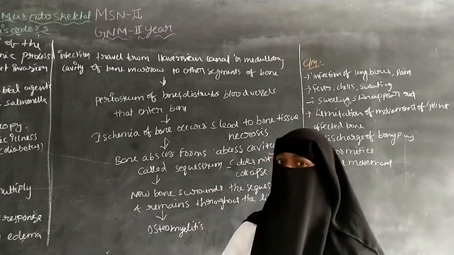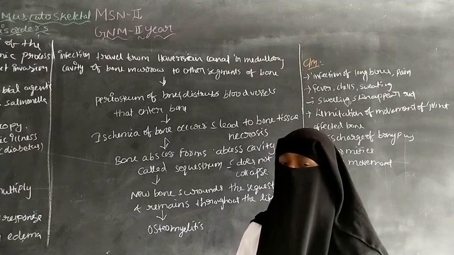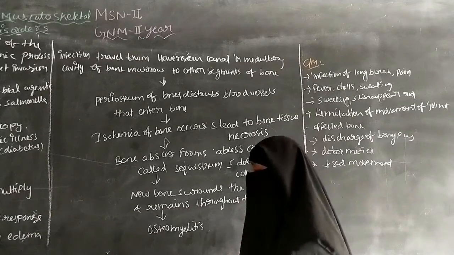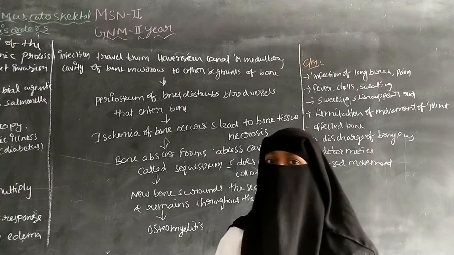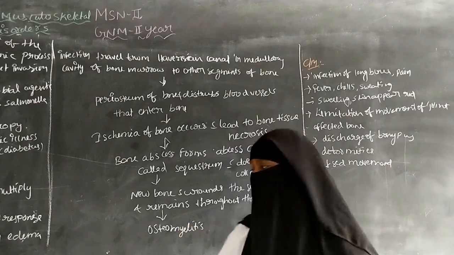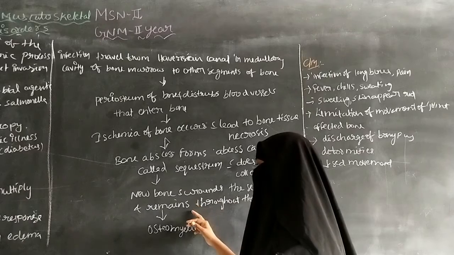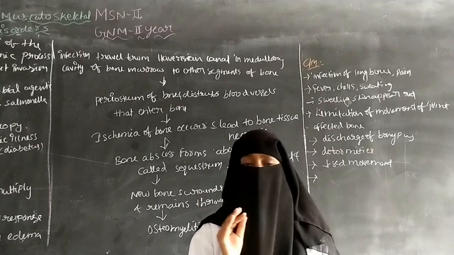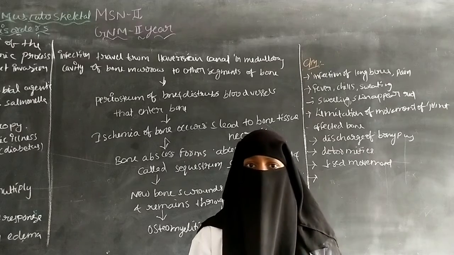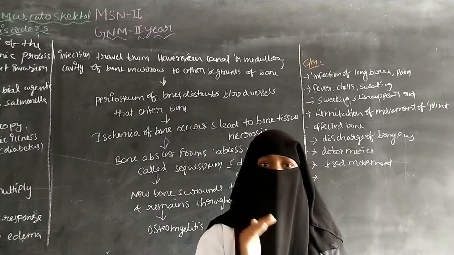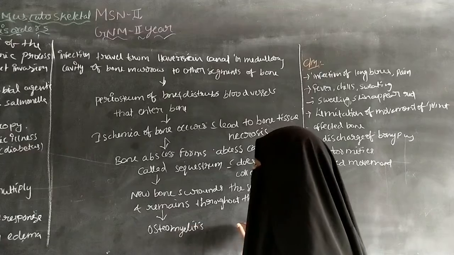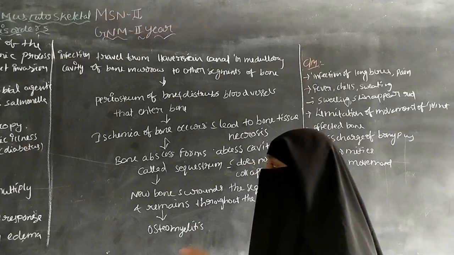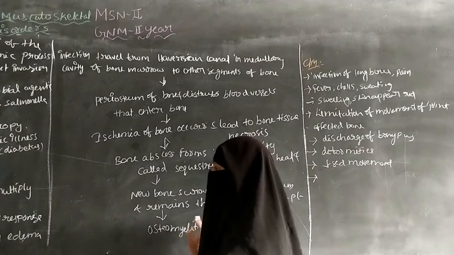The sequestrum cannot be healed and it can collapse, and the new bone surrounds the sequestrum. The sequestrum remains throughout the life of the patient, so it leads to osteomyelitis. So it is about the pathophysiology.